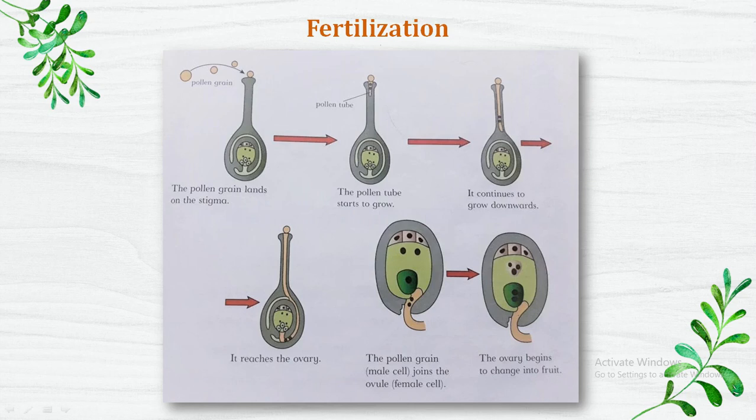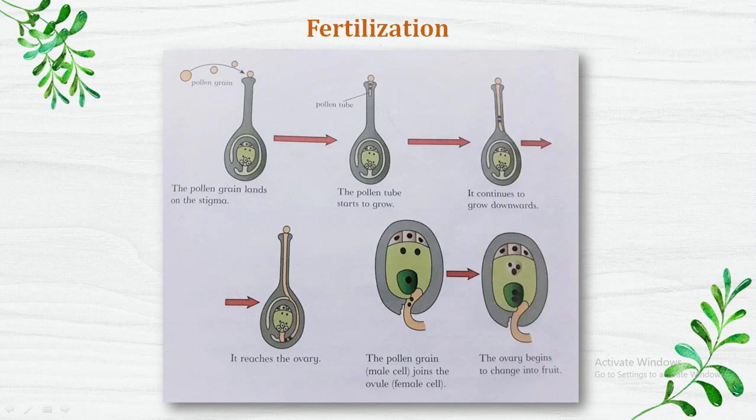In this picture, it is clearly shown that pollen is coming and falling onto the stigma, whose surface is sticky. After falling onto the stigma, this pollen is making a tube, which is the pollen tube. And this pollen tube is reaching the ovule inside the ovary.